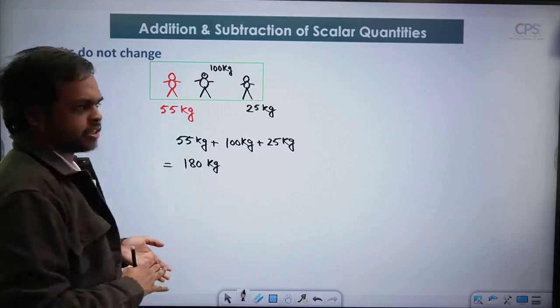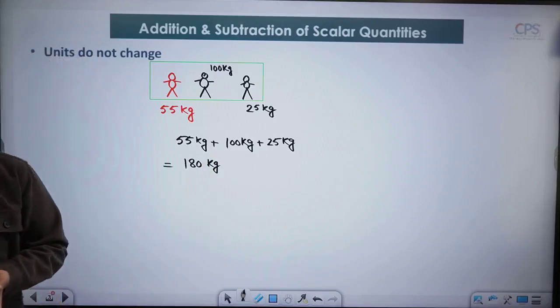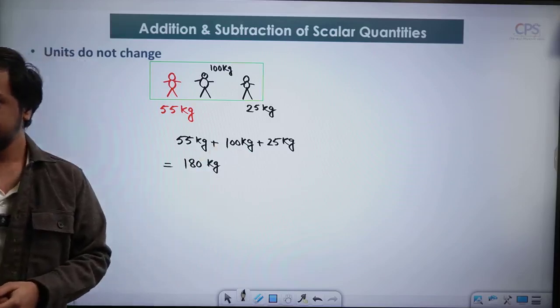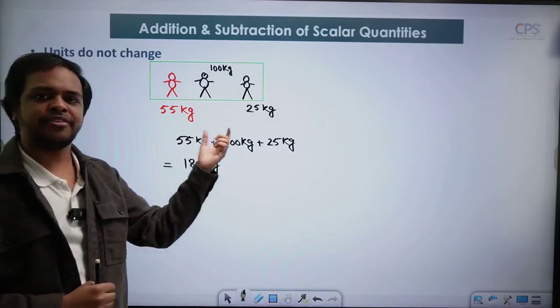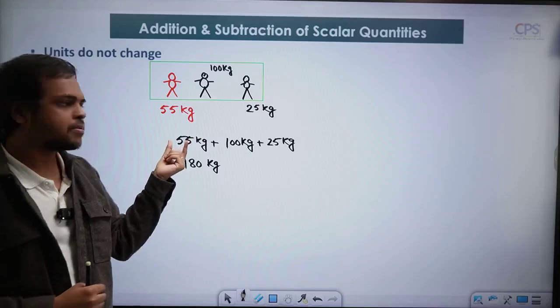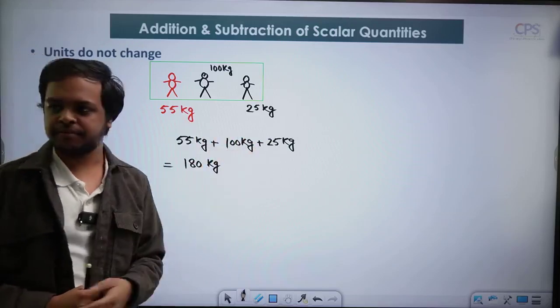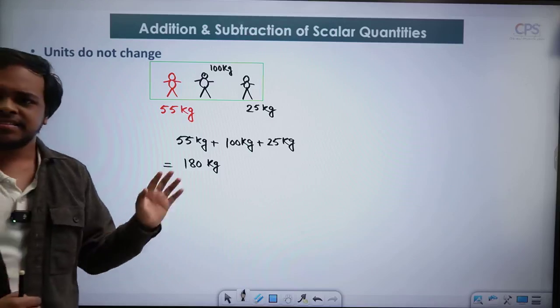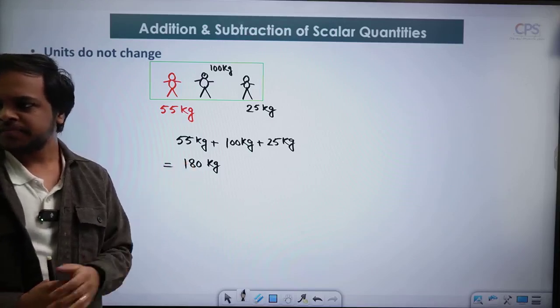So how did you do it? You just added them, right? This is called scalar addition. In this addition, you just add the values, nothing else. As easy as that. You have been doing that for years.